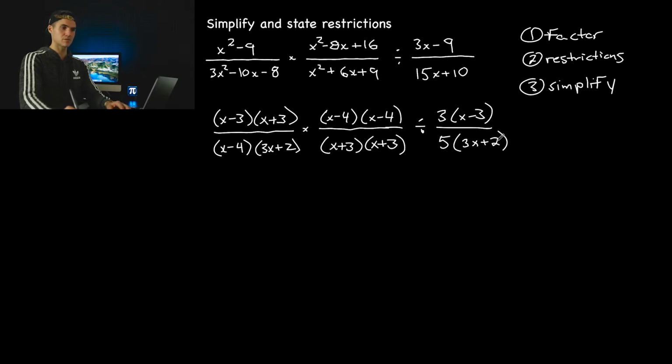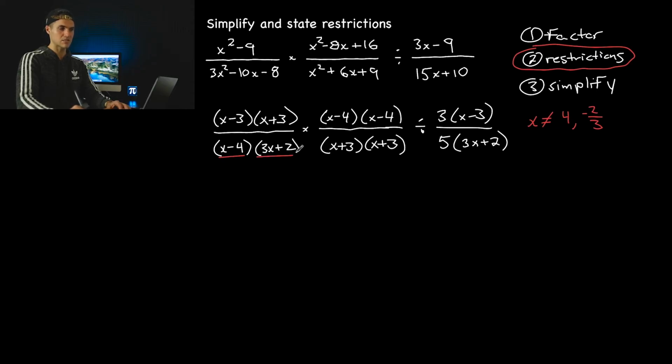But again, before we do, let's get the restrictions. So we are on step 2. We factored everything in step 1. Step 2, let's get the restrictions. So what can x not equal? Well, notice that x can't be 4, and x can't be negative 2 over 3, right? Because those x values are going to make this denominator equal to 0.